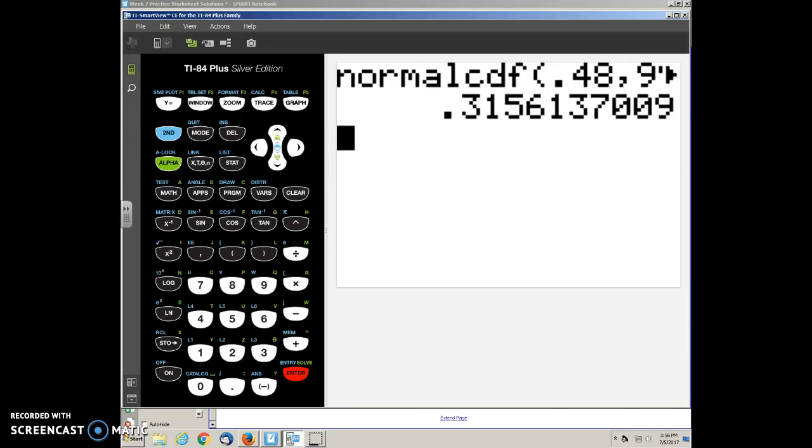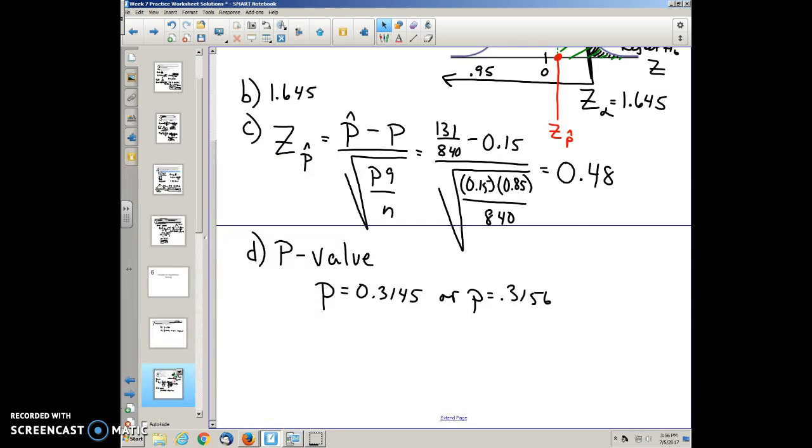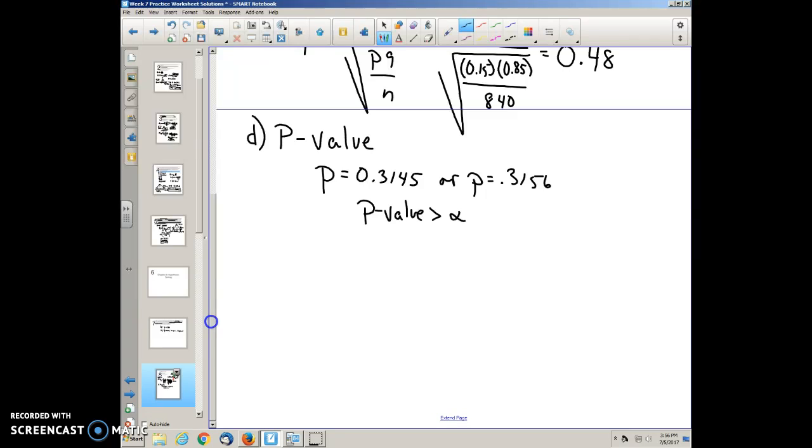So the p-value is, both are accepted, 0.3145 from the calculator, the 1 proportion z-test, or p equals 0.3156, which comes from the table. In both cases, the p-value is greater than the significance level, which means that the test statistic that gives us this p-value cannot be in the critical region.